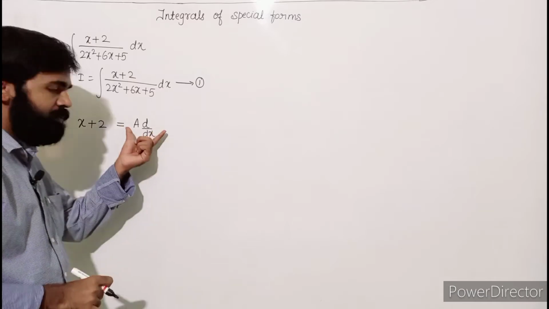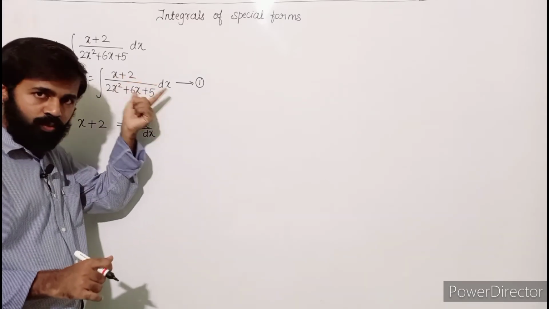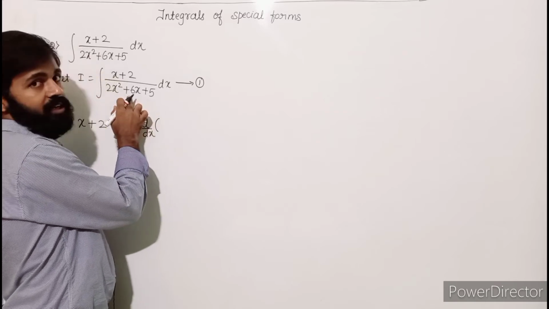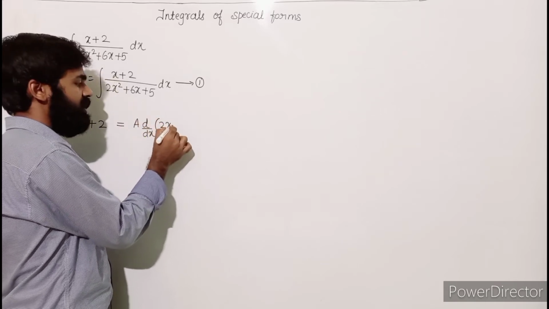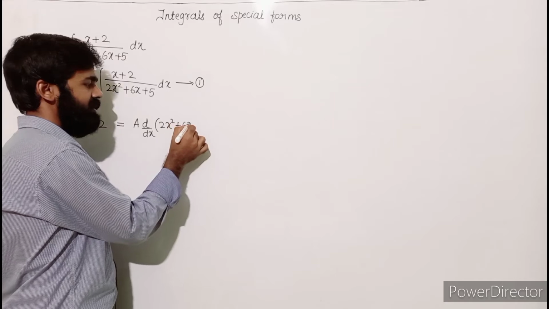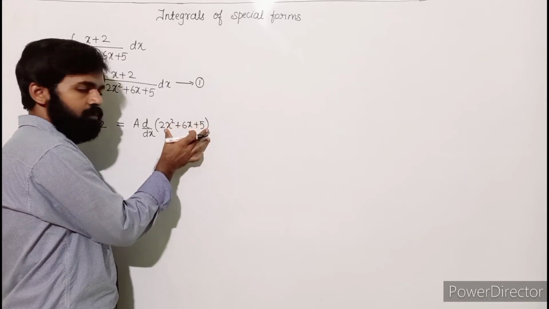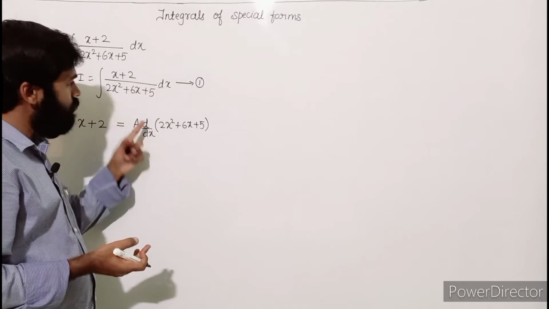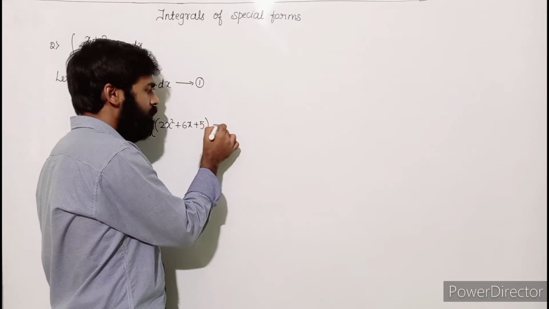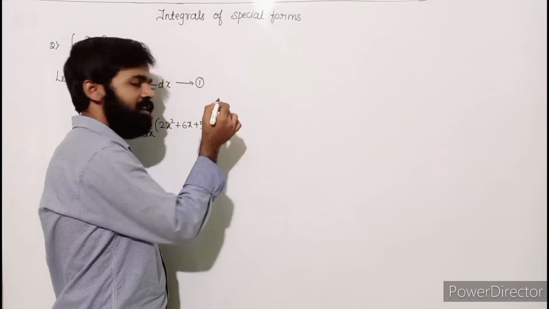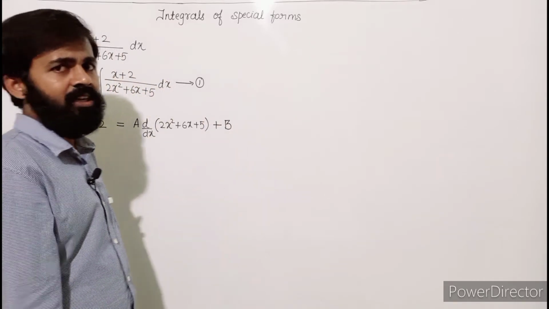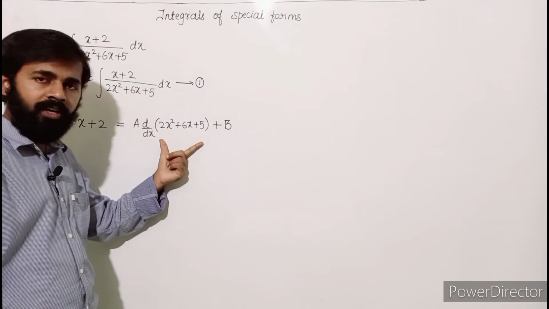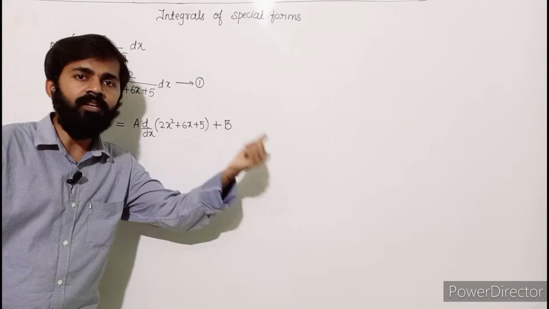I express this numerator x plus 2 as what? A into differentiation of denominator. The denominator is 2x square plus 6x plus 5. A is some constant, a into differentiation of denominator plus some other constant b.